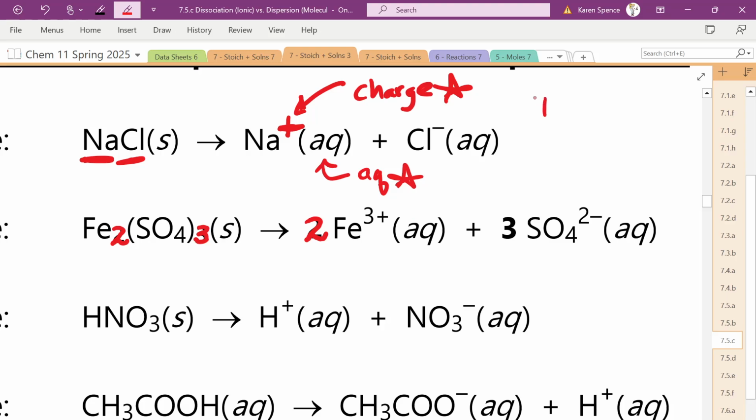But these are the dissociation equations. Basically, you have to have the dissociation equation happen before you can have an ionic reaction happen. Dissociation has to happen first, and then the ionic reactions can happen second.